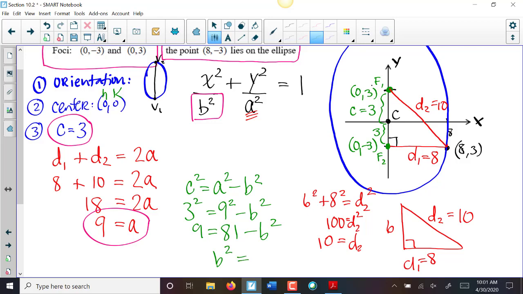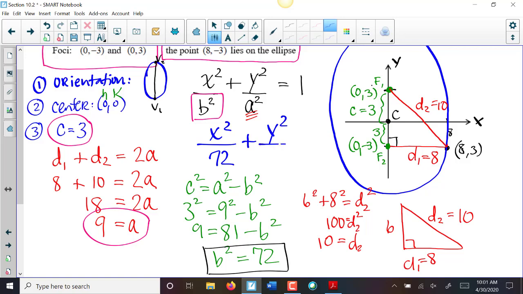So b squared is 81 minus 9, or 72. And once again, I don't need b unless I'm graphing. I just need b squared for my equation. So I can substitute in, and I have x squared over 72 plus y squared over a squared, which is 9 squared, 81, equals 1. And there's my standard form equation.